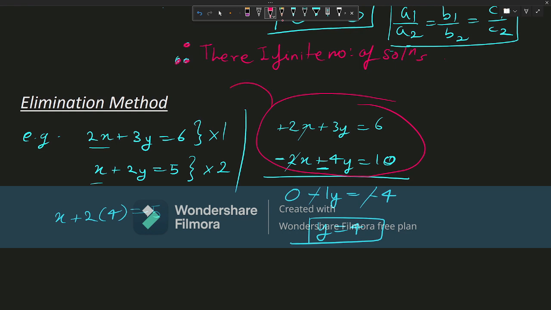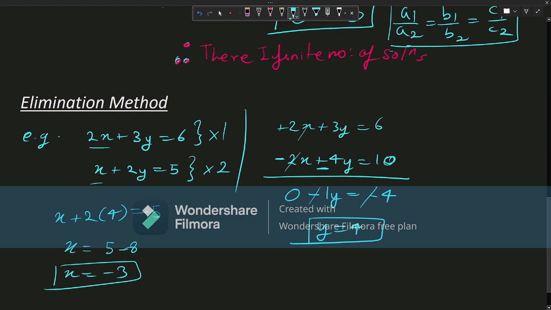You need to put it in the original one only. The value of y should be put only in the original equations, not here. Now we get x is equal to 5 minus 8, equal to minus 3. Done. That's the question.